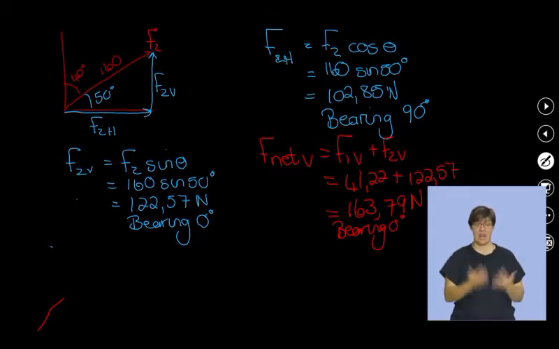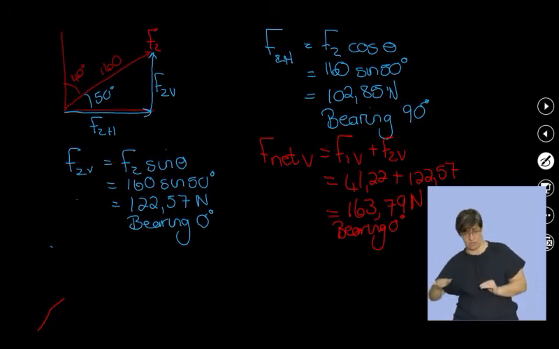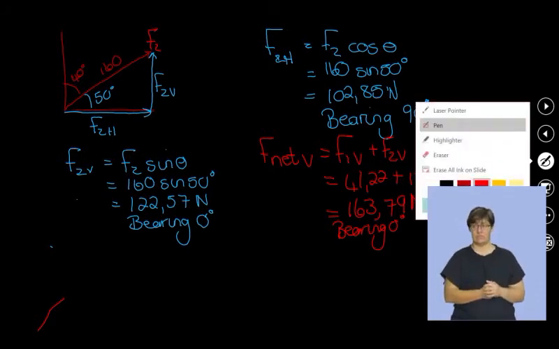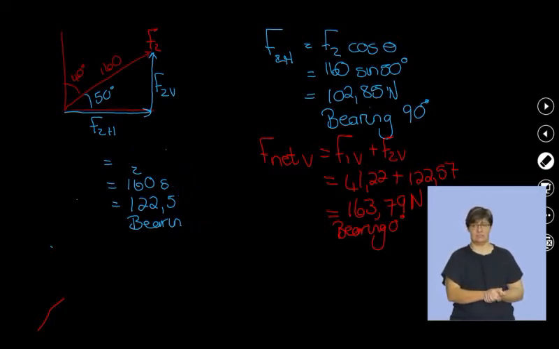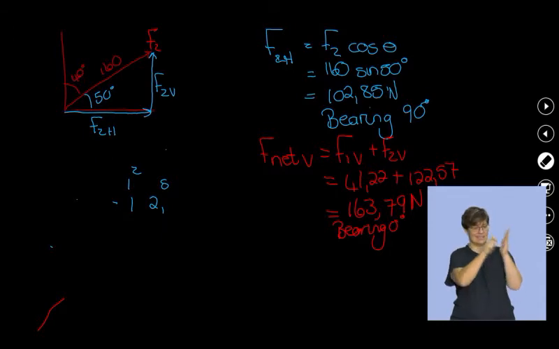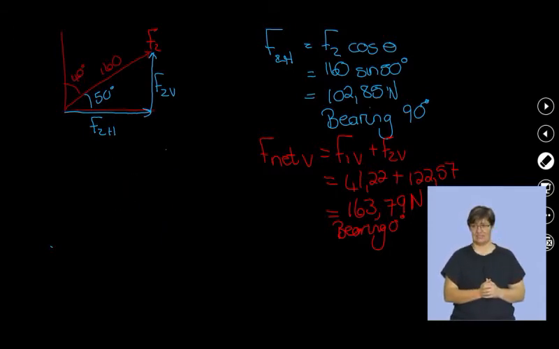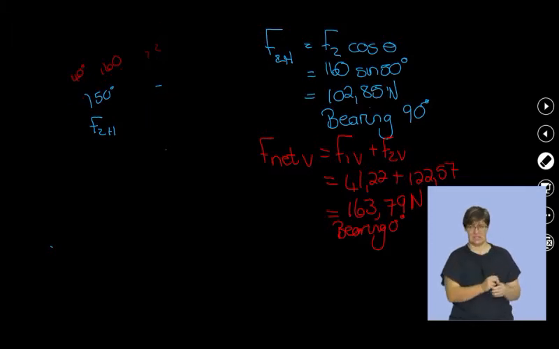Now we need to do the net horizontal. I don't need this answer anymore, and you're doing this all nice and neatly in your notes underneath each other. We don't need this anymore either, so let's get rid of this.